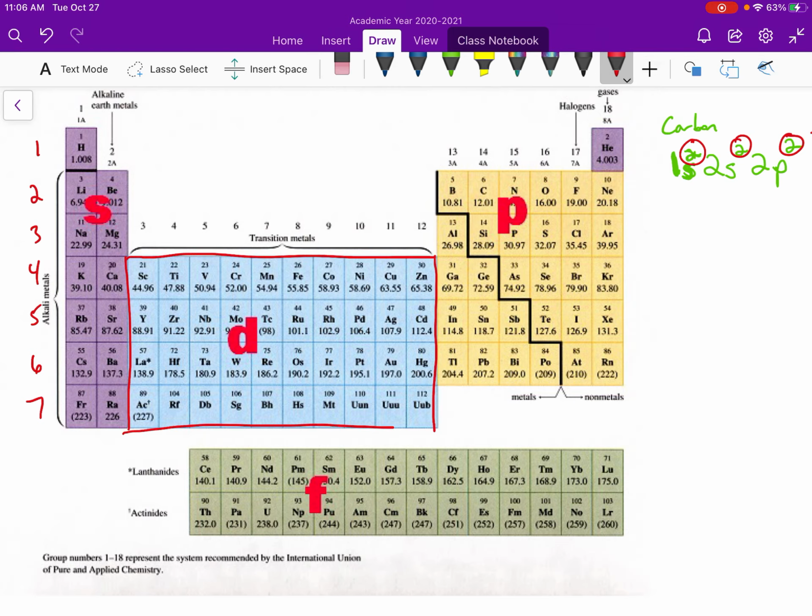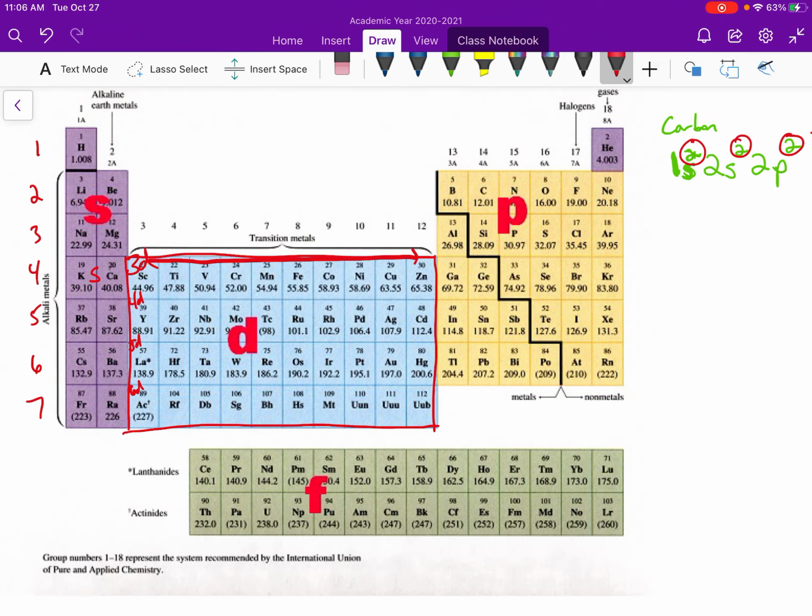And so if this is row 4, this is 4s, this is actually 3d, this row here. And this is 4d, 5d, 6d. Okay? So the D block is just off by 1 from an energy level perspective.